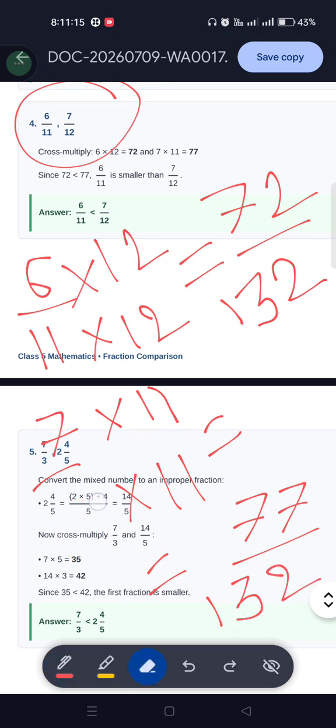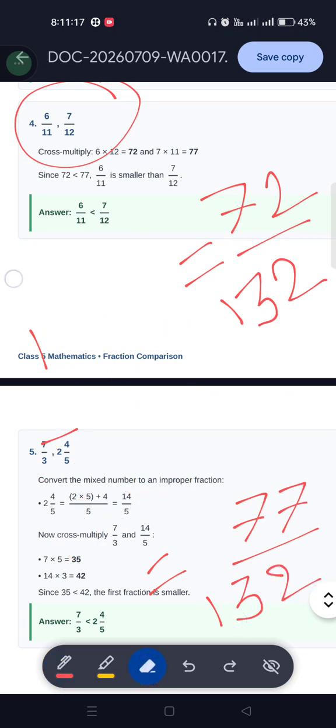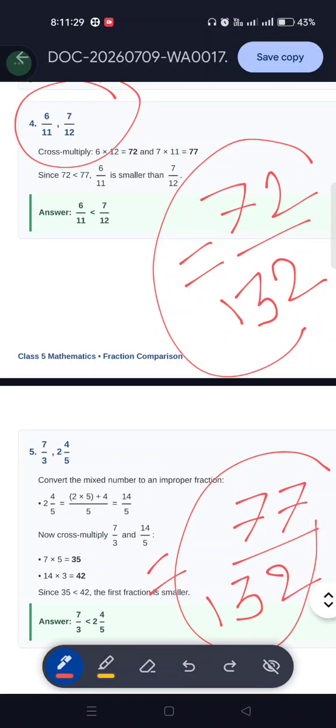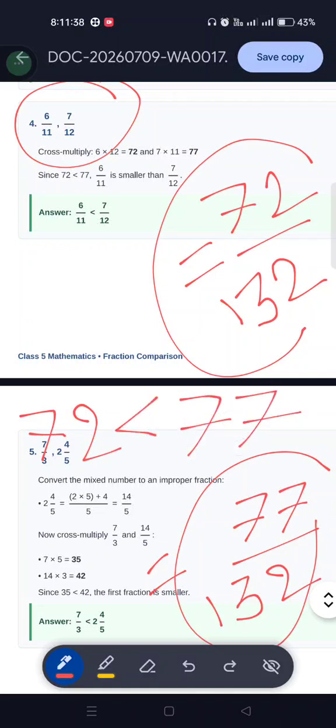Okay, now erase these two. Now you can see in these two fractions, 72 upon 132 and 77 upon 132, you can see that 72 is less than 77. Okay, 72 is less than 77.